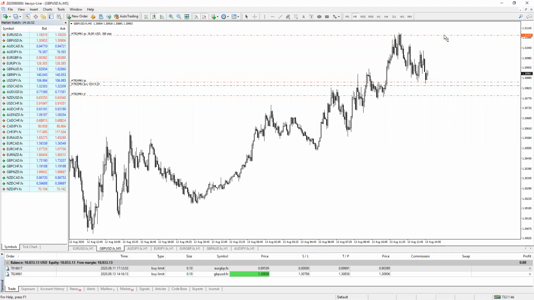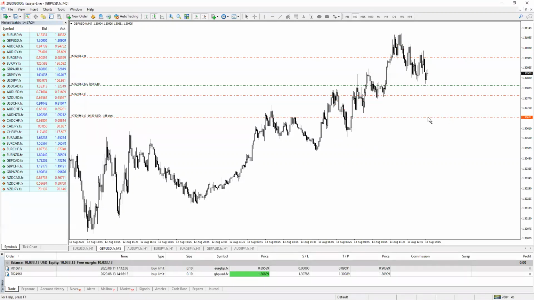Okay, so TP will be about 15 pips. I don't want more, just want to take whatever I want in my pocket, regardless of what the market potentially provides, because I rely on the steady allowance of pips. So my TP will be 15 pips, while my stop loss will be around 40.